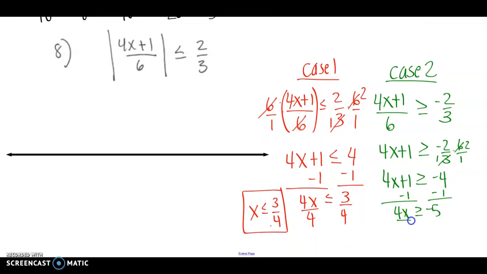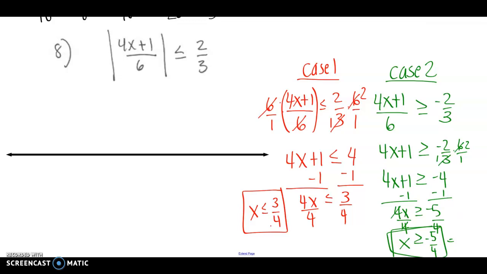Divide by 4, and notice I'm not flipping the sign because I'm not multiplying or dividing by a negative, even though this result is negative. It's just the number you're multiplying or dividing by. So I have x is greater than or equal to negative 5/4. So both of these, again, this is negative 1 1/4. Oops, negative 1 1/4.